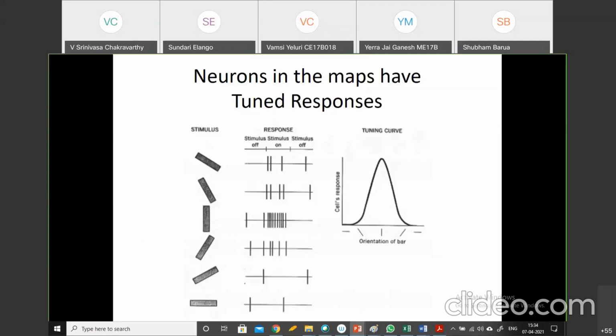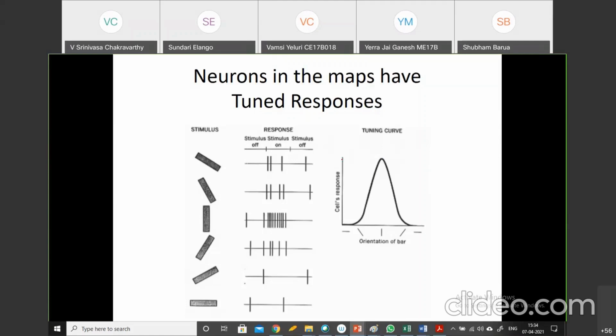The first concept we need to understand map formation is the idea of a tuned response. We have seen in the context of visual neural responses that neurons in the primary visual cortex respond to oriented bars. For example, a neuron can respond optimally to a bar of a given orientation.